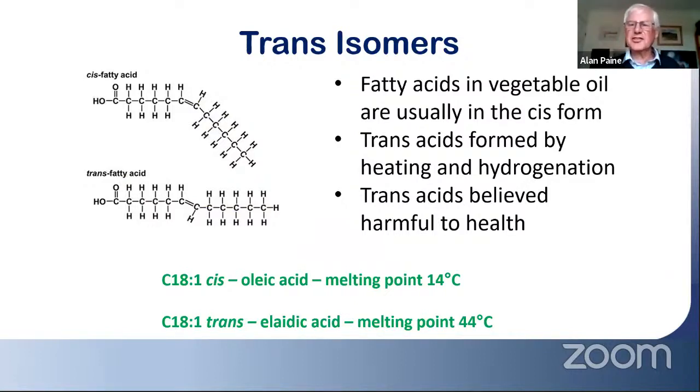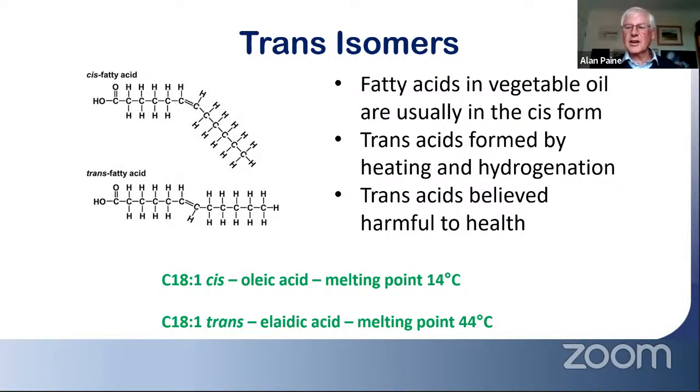The fatty acids that are incorporated into oils contain double bonds with one of two configurations. Vegetable oils normally contain only the cis configuration, but that can be changed into the trans configuration by heating or hydrogenation. A fatty acid containing a trans double bond has a higher melting point than the otherwise identical cis acid.